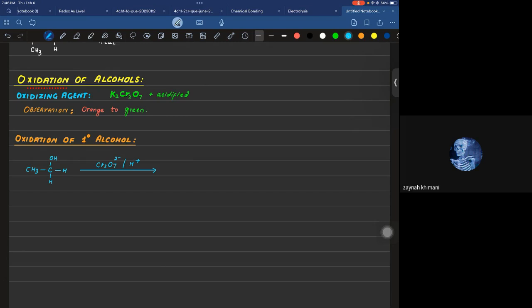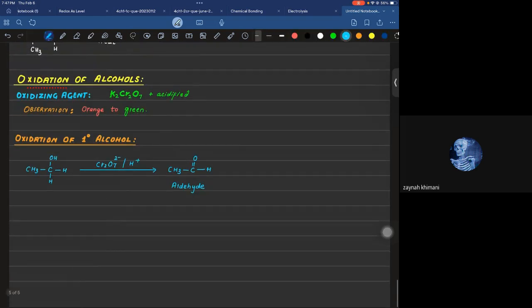So first of all you would be getting aldehyde, CH3CHO, which is CH3 C double bond O and then H. This is your aldehyde, and this was your primary alcohol.